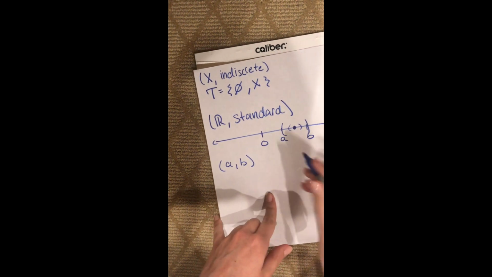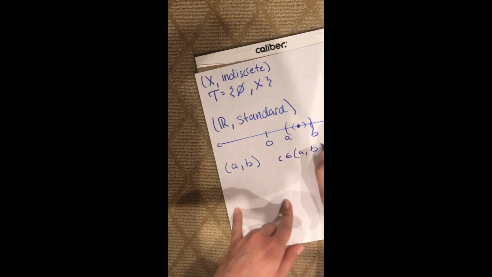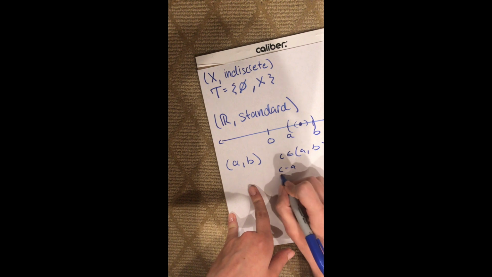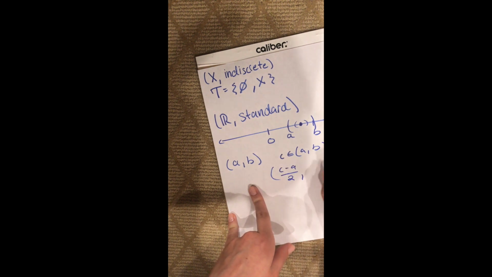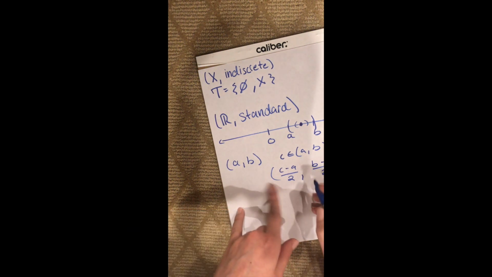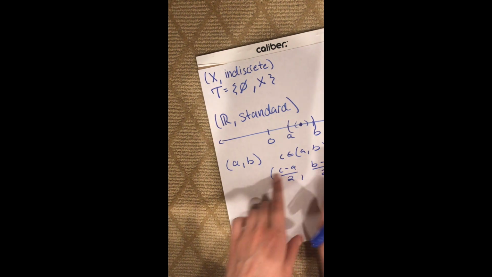To put it more formally, if C is actually in here, then what you can do is draw the interval from C minus (C minus A)/2 to C plus (B minus C)/2. We're assuming that B is strictly larger than A. And then C is also going to be inside this interval, which is contained in that interval.